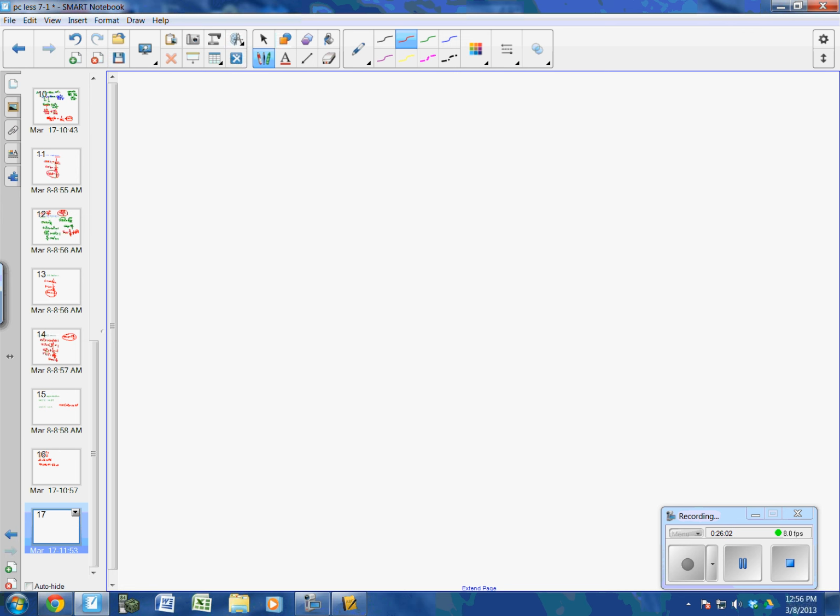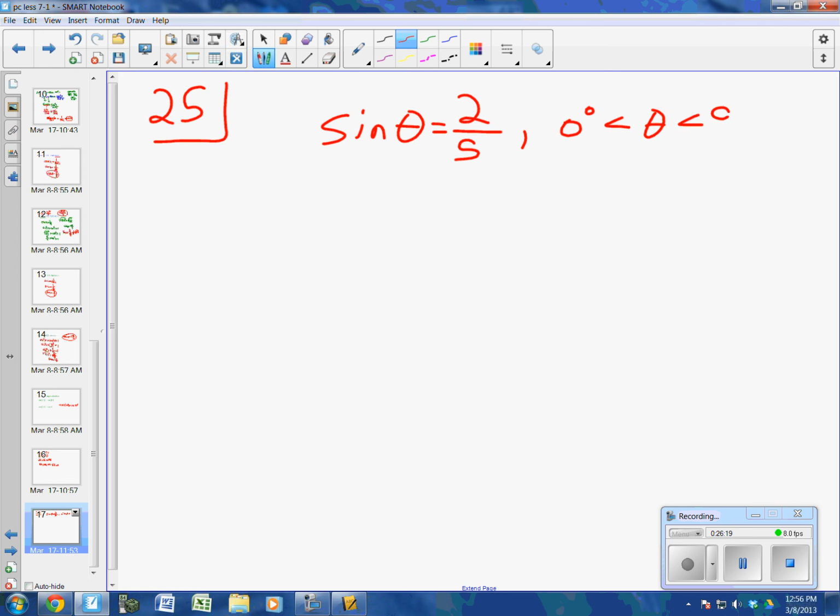Okay, number 25 on the assignment. What does it say? Does it say find cosecant of theta?